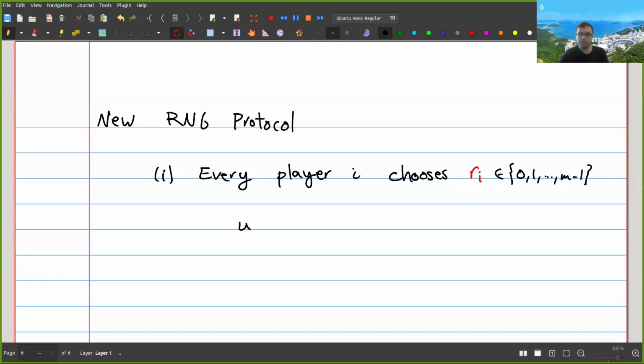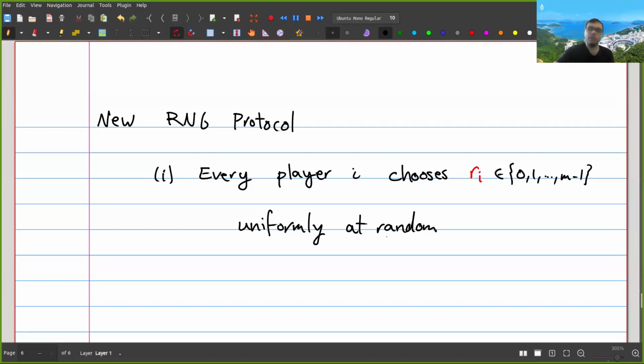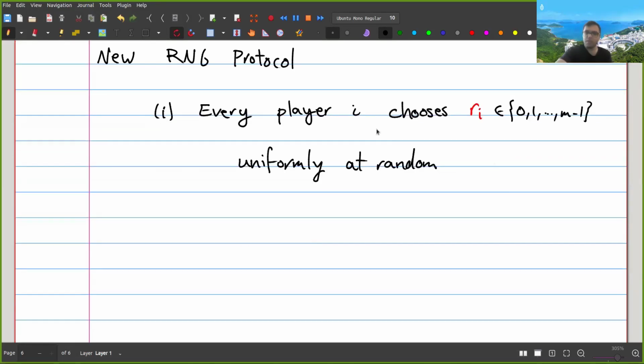And this is chosen uniformly, at least if the player is honest. I might have a dishonest player who doesn't follow the protocol and chooses this Ri in a different way, but I don't care about that. I'm just telling you what an honest player would do. And then we will come back and analyze what happens if someone is dishonest. So every player chooses this.